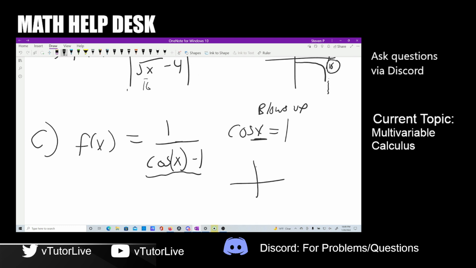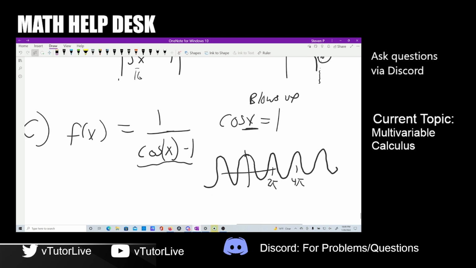Well, if we graph cosine, it happens at every single peak. I think this is 2 pi, and this is 4 pi. So it hits that peak. This is cosine of x, and this is x. So this basically blows up whenever x is equal to some multiple of 2 pi.